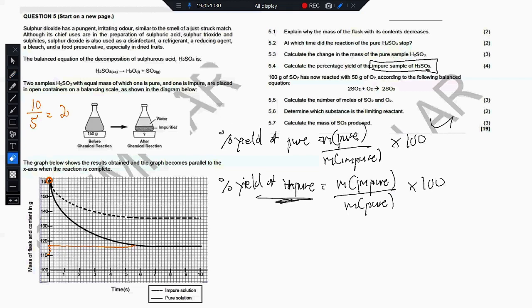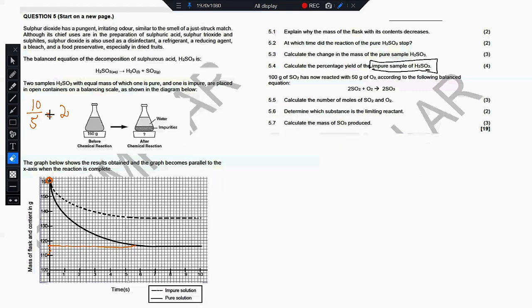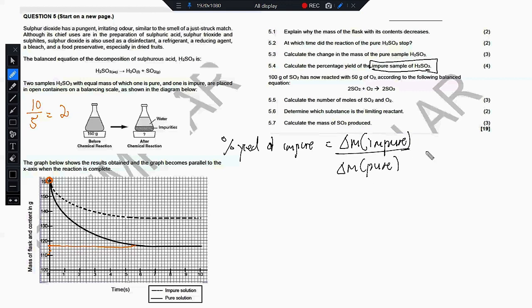So now let's start. So all we are supposed to do now is we're going to say, okay, we want the percentage yield of impure, right? And then therefore we're going to say the change in mass of the impure and then over the change in mass of the pure. Remember, we must use the reactant, right?